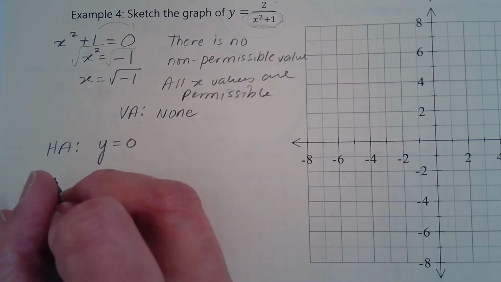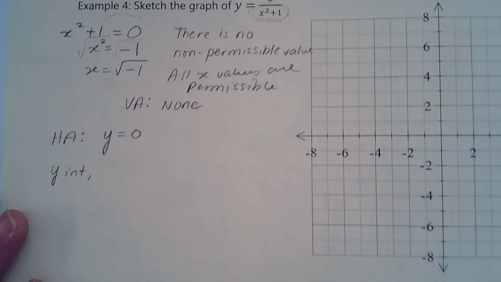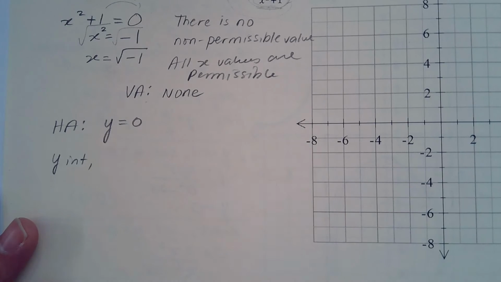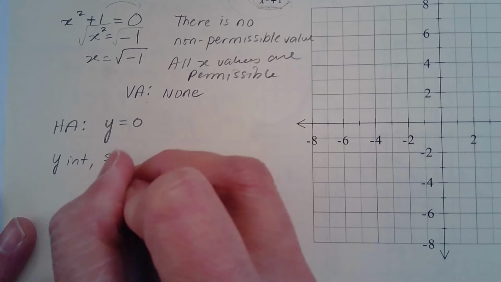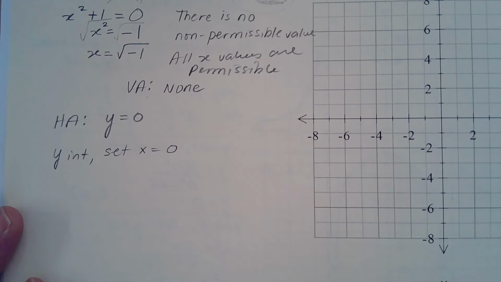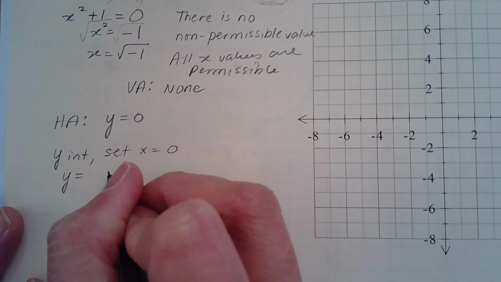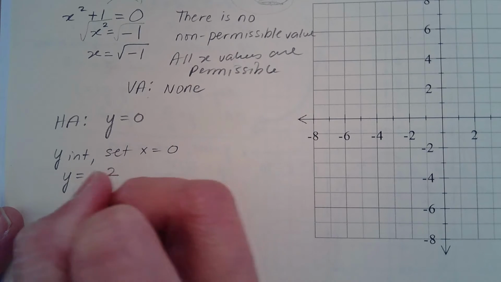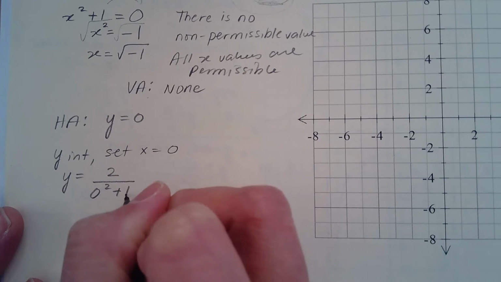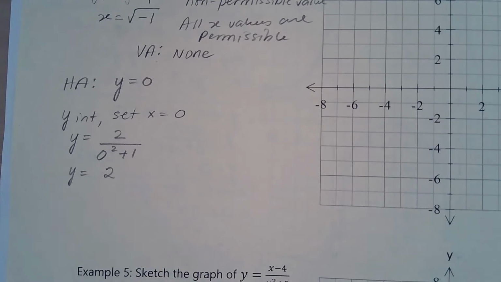So let's do the y-intercept first. If we find the y-intercept, what do we need to do? Set x equals to 0. Yeah, it is 2. So 2 over 0 squared plus 1. So the y-intercept is 2.